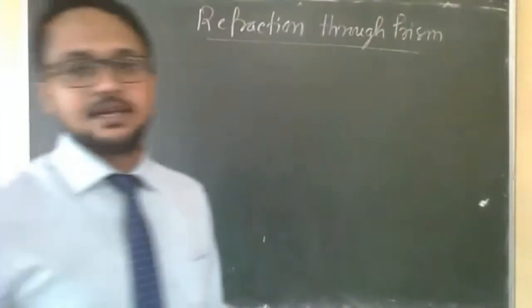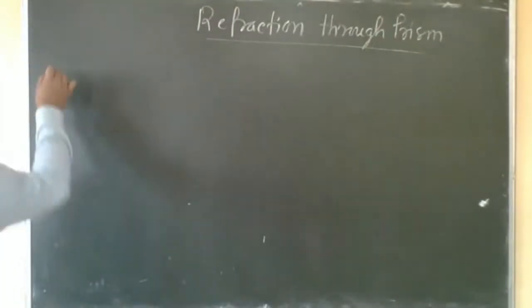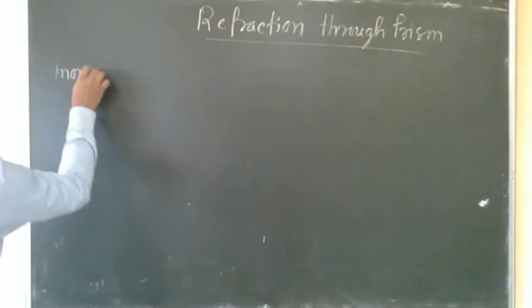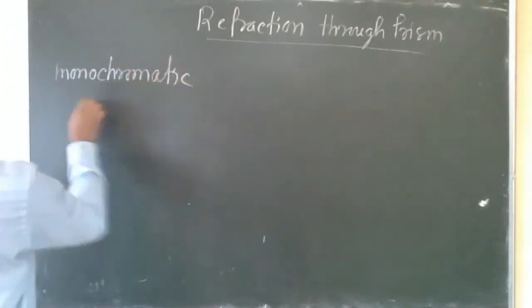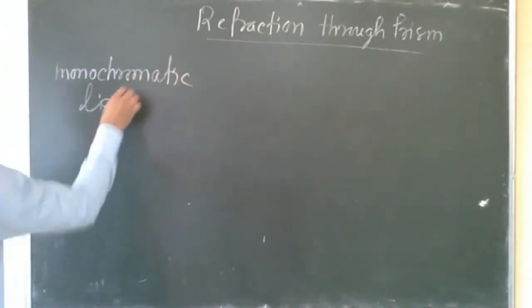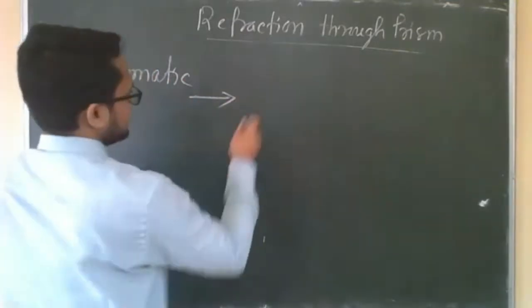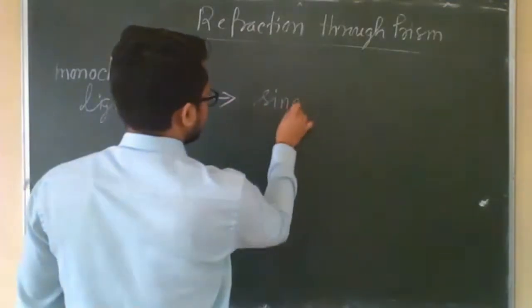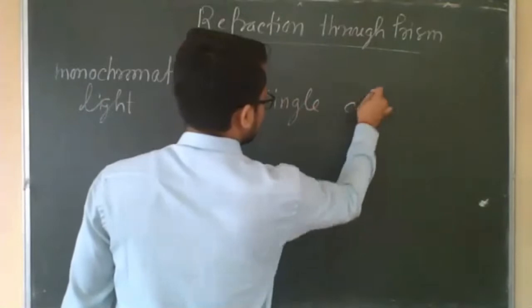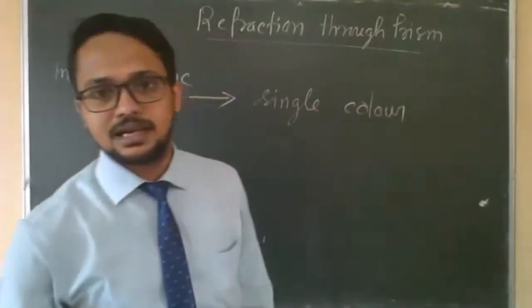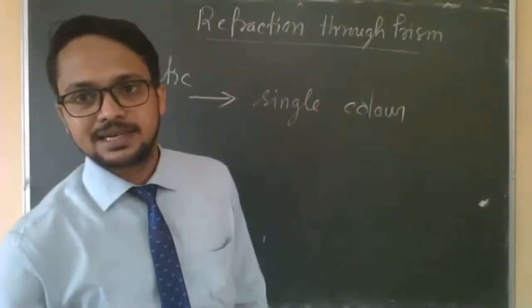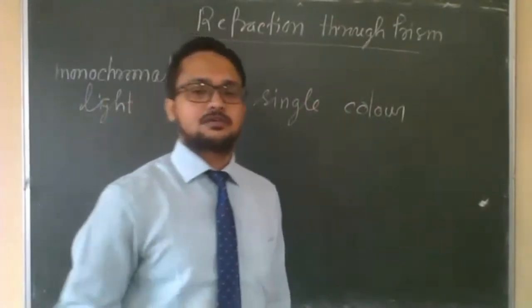Sometimes you will get this word, monochromatic light. Monochromatic light means what? Monochromatic light means light in which a single color is there. Single color means one wavelength. Suppose red color light, that means it is a monochromatic light.